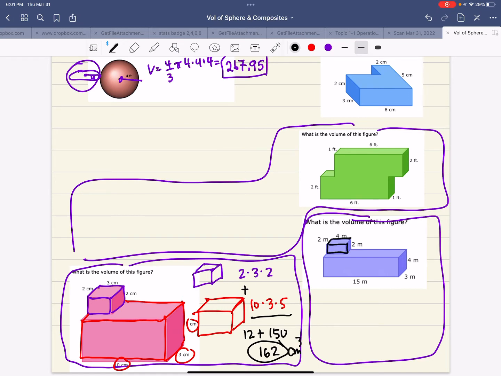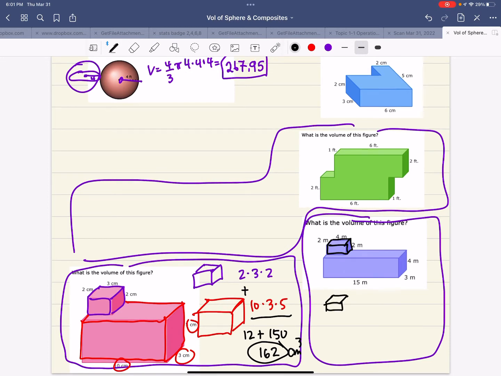All right, what about this one? I got this prism. You should draw these on your piece of notebook paper. 2 times 4 times 2, which is 16.